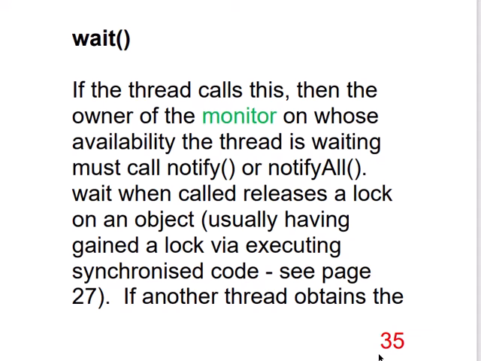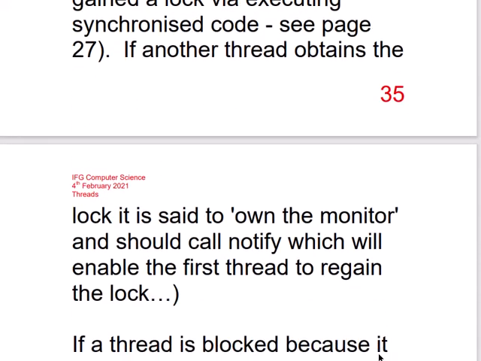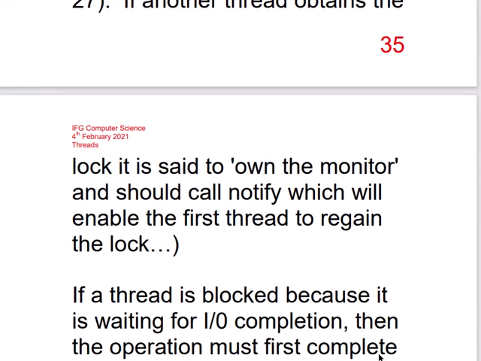Think of the monitor, just for the time being, as a lock. Wait, when called, releases a lock on an object, usually having gained a lock via executing synchronized code. I say more about that a bit later on, I'm not sure about page 27. If another thread obtains the lock, it is said to own the monitor and should call notify, which will enable the first thread to regain the lock.